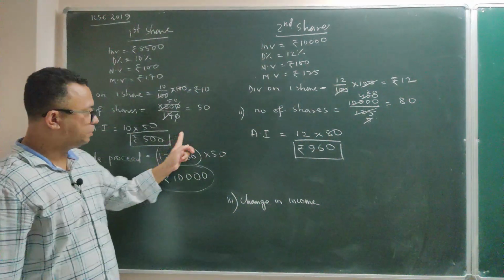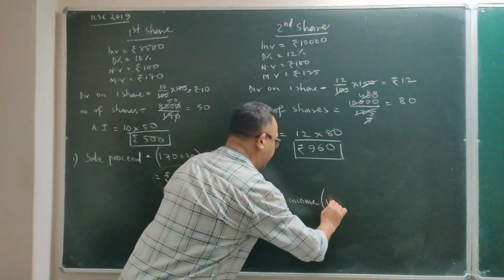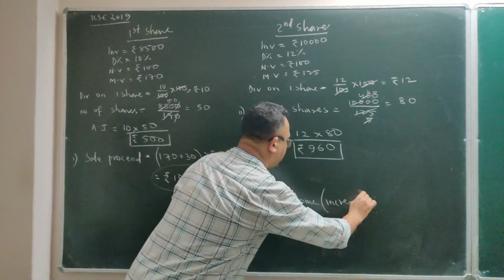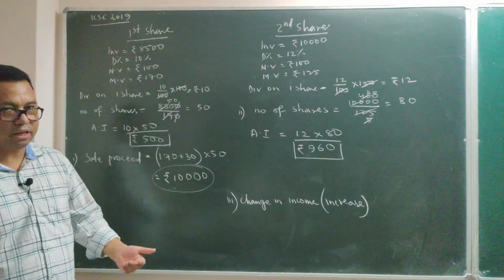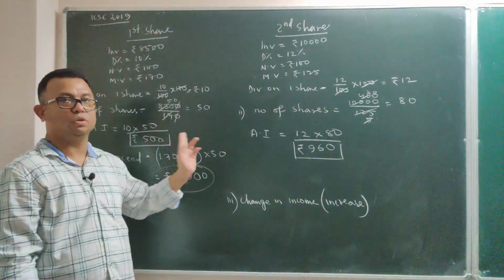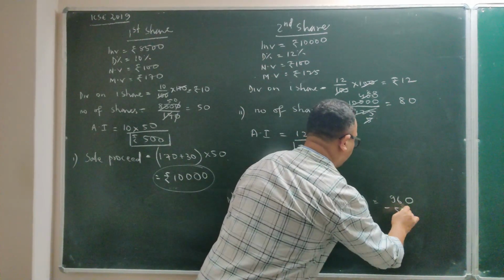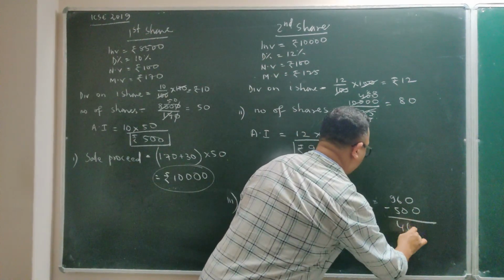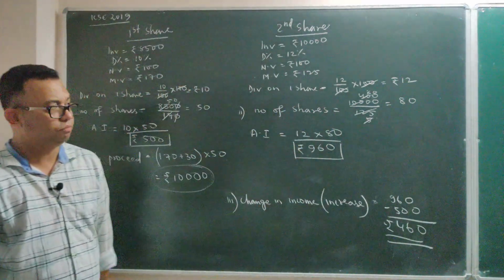So 500 has become 960, so the change actually is an increase. Sometimes if this value is less than that value, then you can say decrease. So change has taken place, and what is the change? Subtract the two. 960 minus 500, there you are, 460 rupees is the change in income.